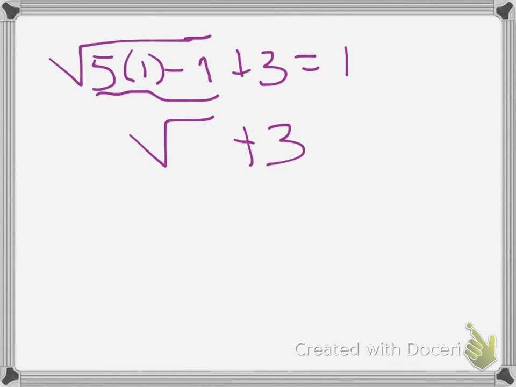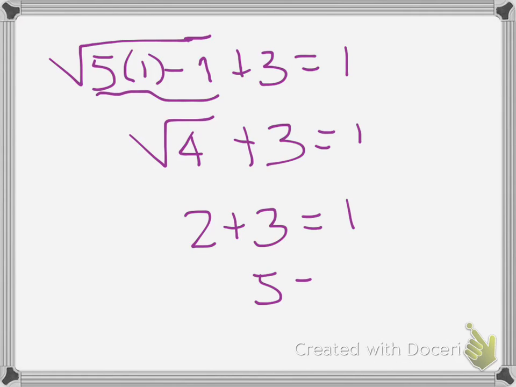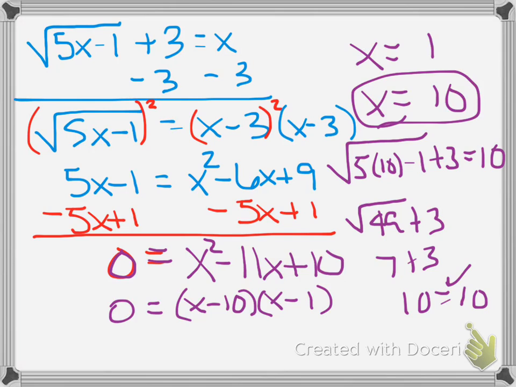The radicand is what's underneath the radical. Thank you. And the square root of 4? And 2 plus 3? Is 1 a solution? No. You know it's not a solution because it did not check out in the original. So therefore the only solution to this equation is x equals 10. Questions?